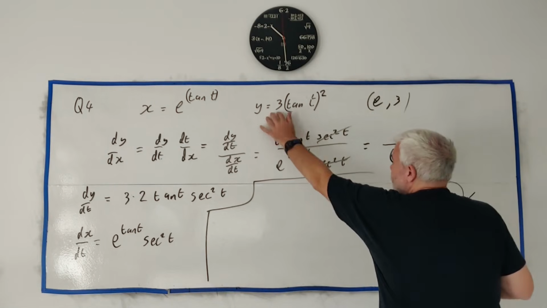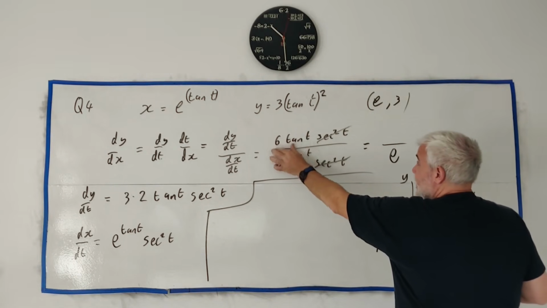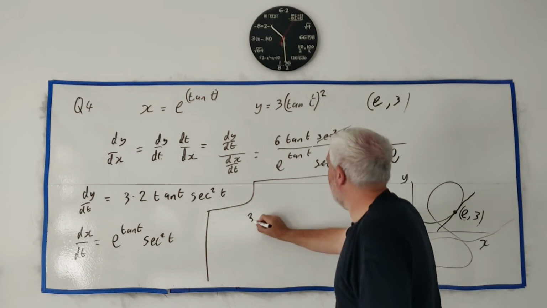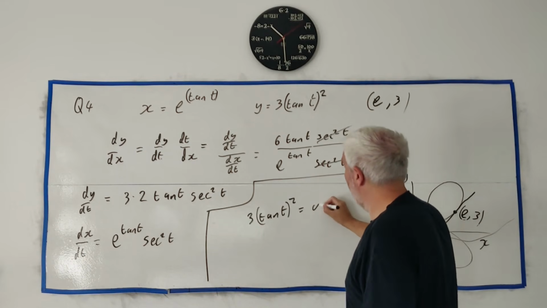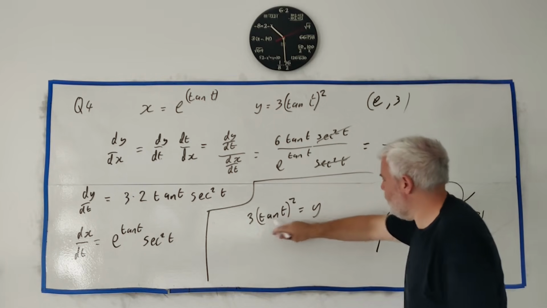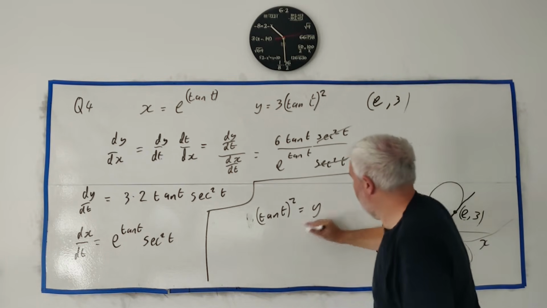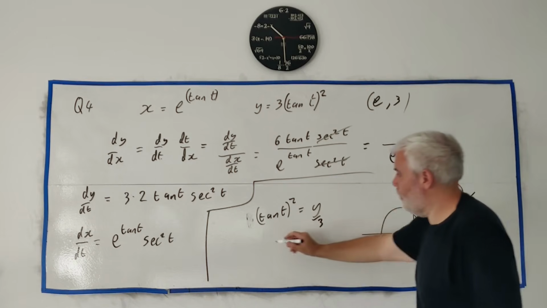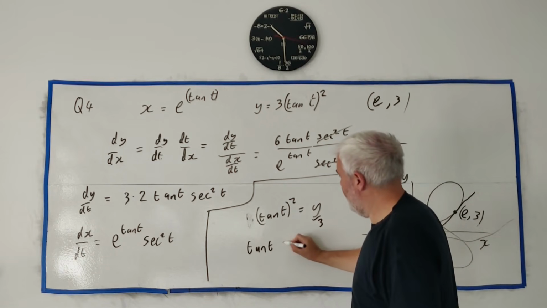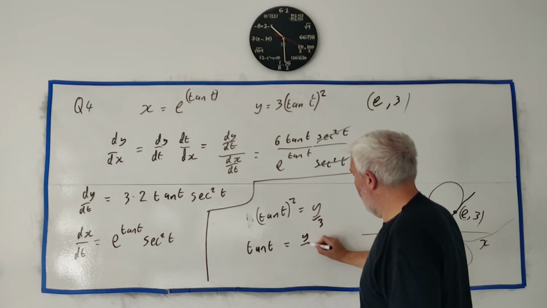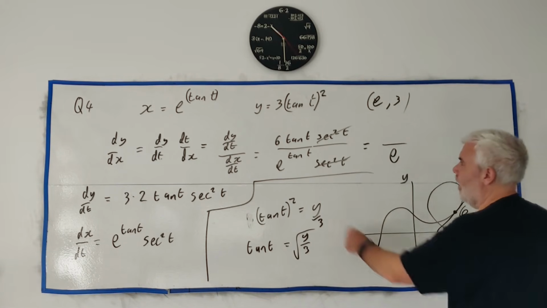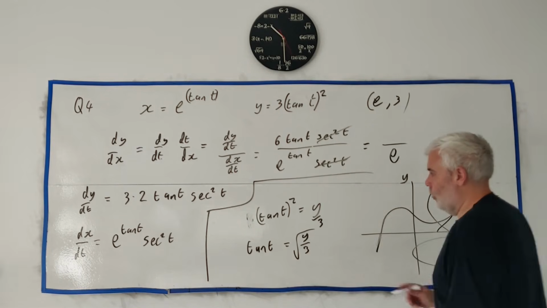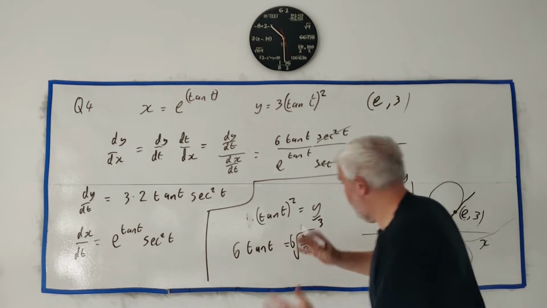Let's try and rearrange this so we just get 6 tan t. So this is 3 tan squared t is equal to y. Let's move the 3 over first of all. Divide by 3. Square root of both sides. We get tan t is equal to the square root of y over 3. But I want 6 tan t. So just multiply both sides by 6 and we're done.